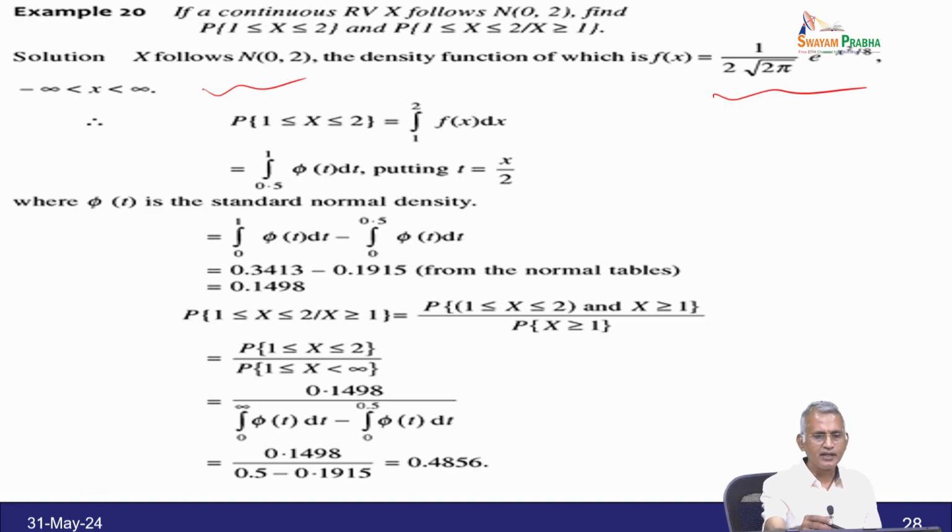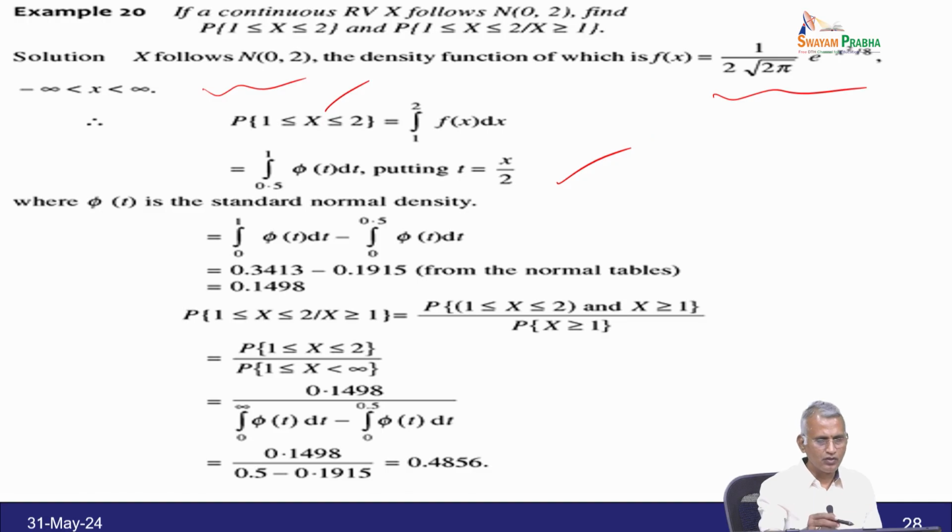When x lies between 1 and 2, we have the integral from 1 to 2 of f(x) dx, and the values in between 1 and 2 map to 0.5 to 1, therefore the integral from 0.5 to 1 of phi(t) dt, putting t equal to x by 2, and we have a standard normal density.